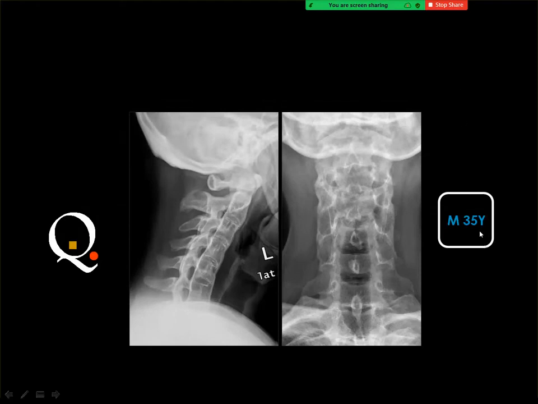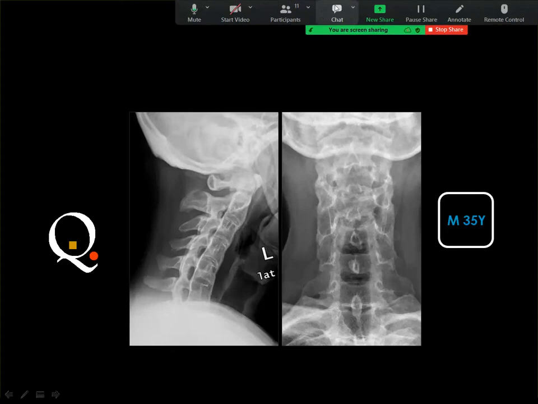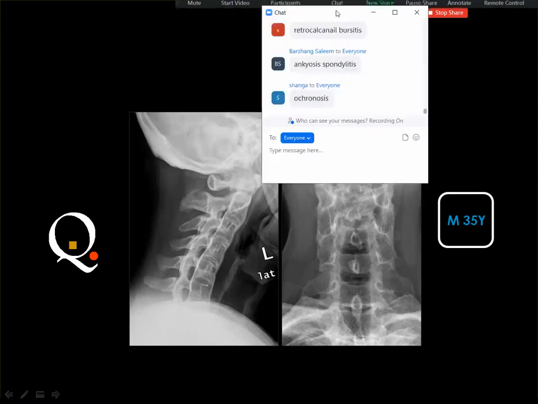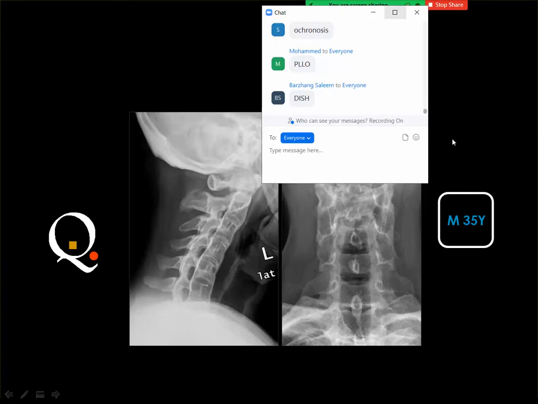Male, 35 years old, with an X-ray of the cervical spine. No, this is not ochronosis, and no, this is not ossification of the posterior longitudinal ligament, and it is not DISH.